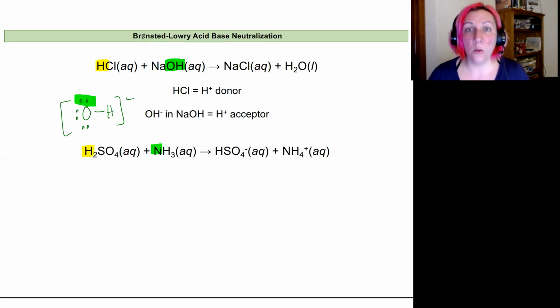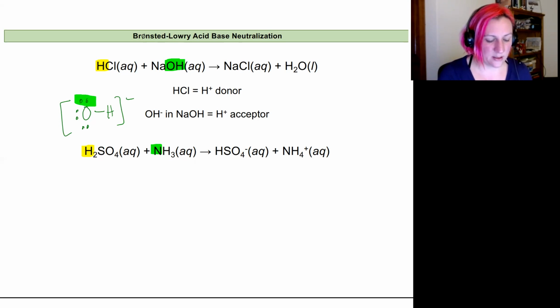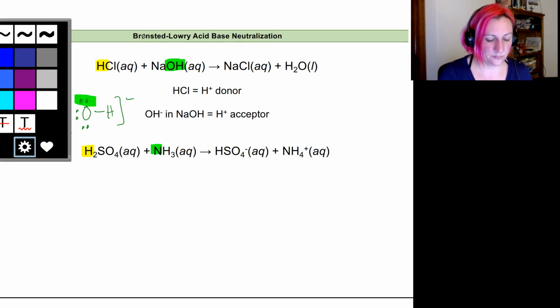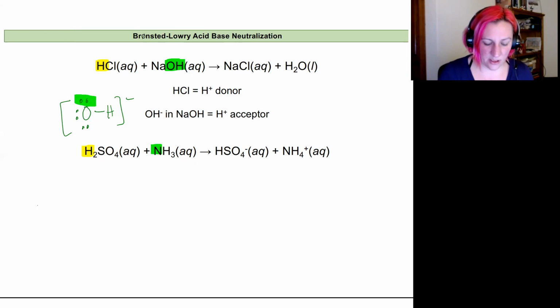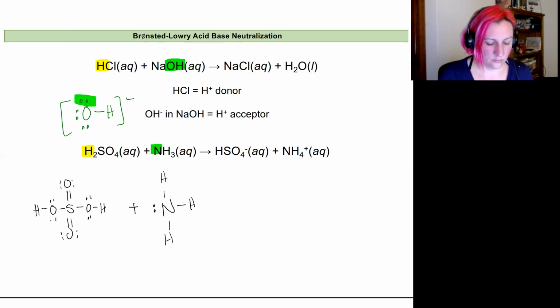And sometimes it's helpful to look at this with Lewis dot structures. So let's do that. So here's our sulfuric acid. Our sulfuric acid is going to have a hydrogen that it can donate. And we're going to add to that this nitrogen that has a lone pair that can form a bond to it.